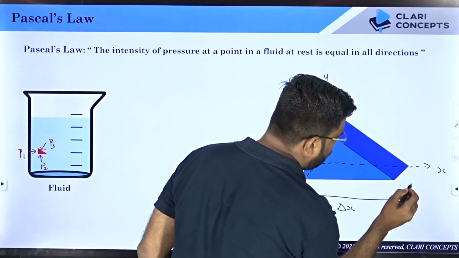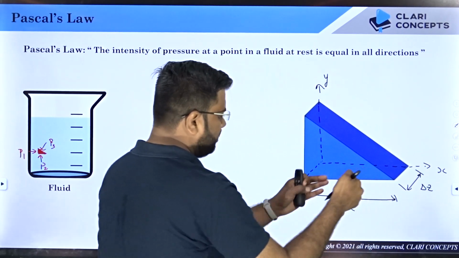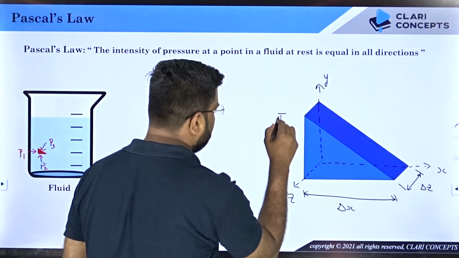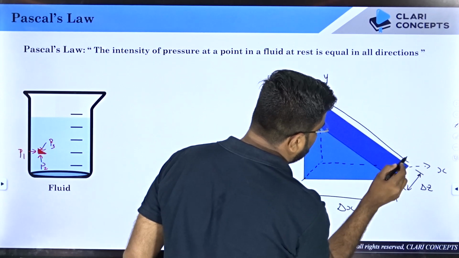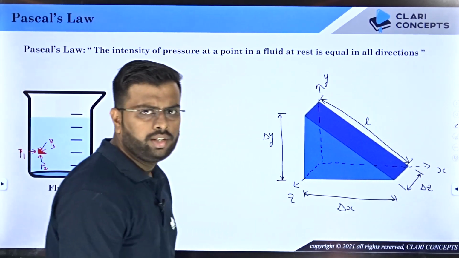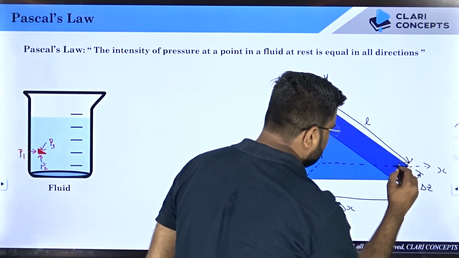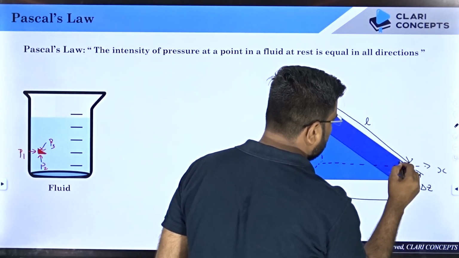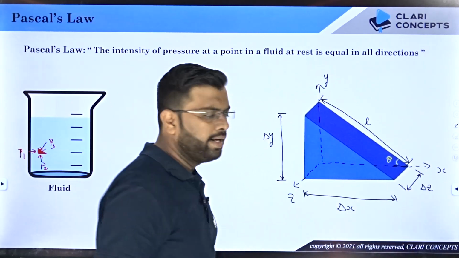From here to here, this is delta z, because it is in the z direction, and the vertical height, let us say, is delta y. Let us suppose the slant length is L, and the angle between the horizontal and this is theta.